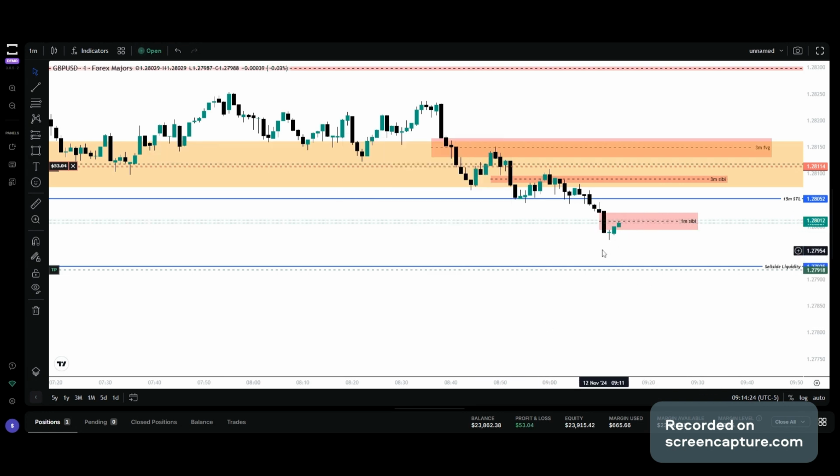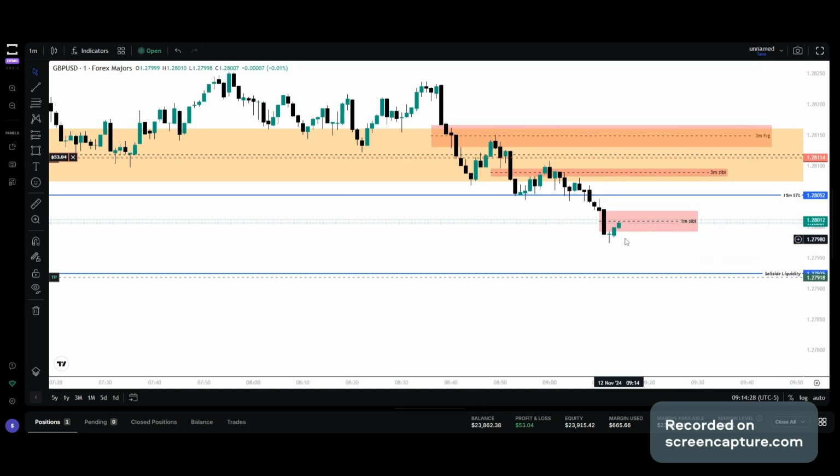At 1 minute FVG, see how price behaves within this imbalance.